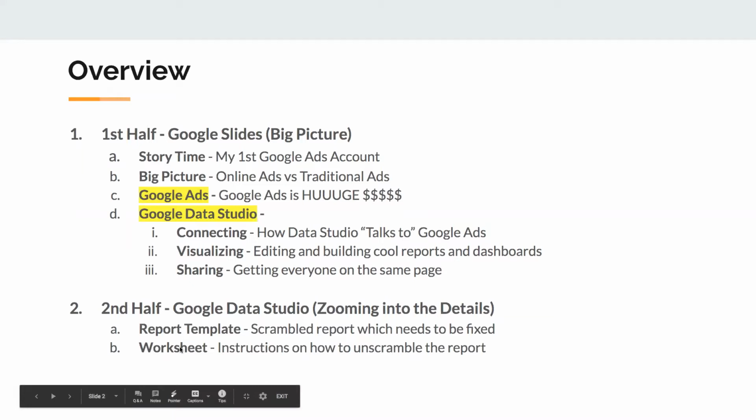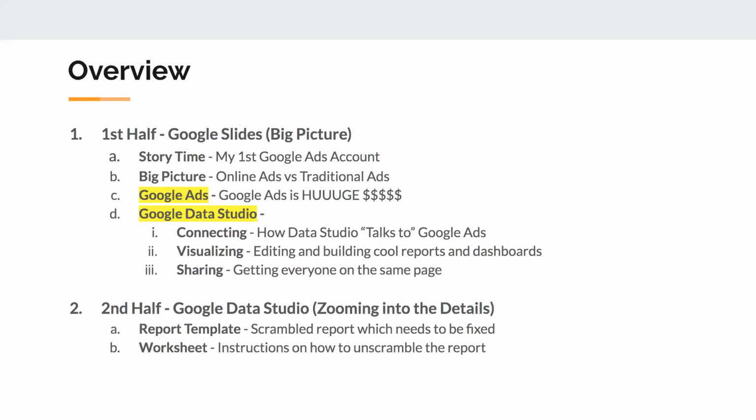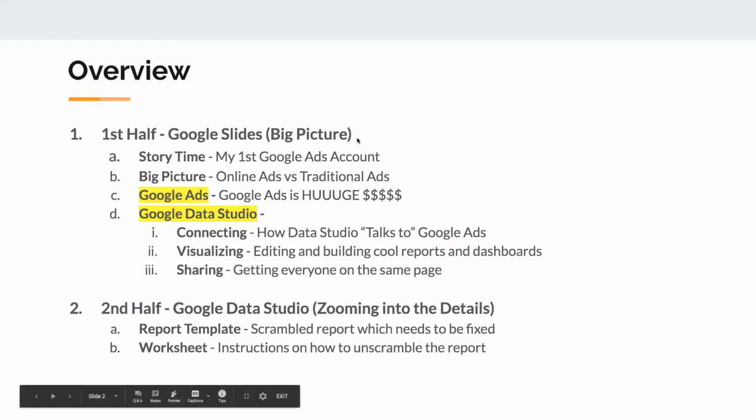The worksheet is just going to be step by step instructions: how do we take this ugly scrambled report and turn it into a fully automated Google Data Studio report that you could show to your boss, show to your clients, and literally use today at the end of this class. And so this is the whole agenda. And again, please type in your questions, anything you want to get out of today.